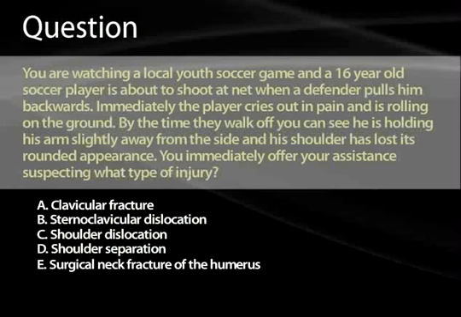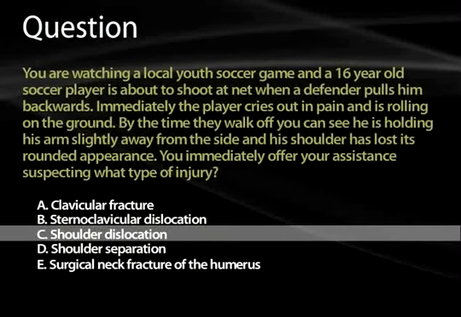This injury is a shoulder dislocation. Some of the keys that you see in this are the loss of the roundedness of the deltoid, which is typical of a dislocated shoulder. Not a step deformity, which you would expect with an AC separation.